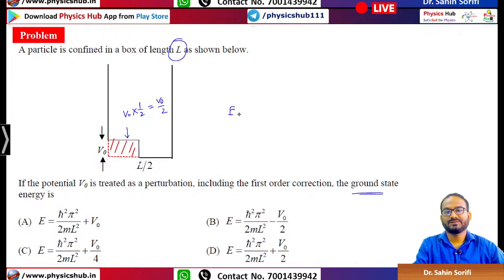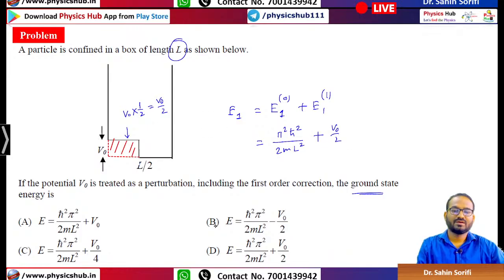Ground state is what? So it is the formula E1 0 unperturbed plus the first order correction. Unperturbed is n square pi square h cut square by twice m L square. This is the ground state energy plus perturbation. We can easily calculate V naught by 2. So obviously option D.